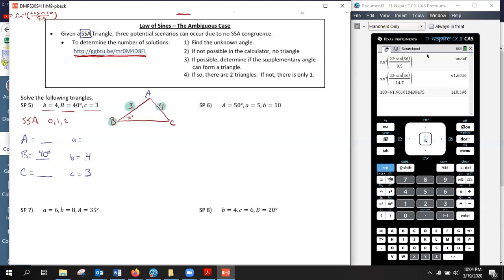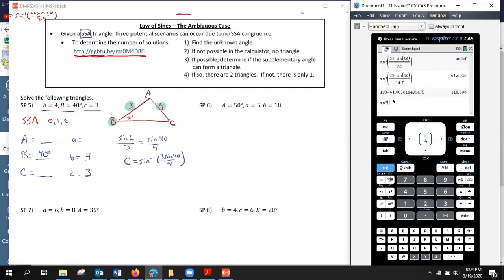To find angle C, we'll use our law of sines. Sine of C over 3 equals sine of 40 over 4. And you end up getting used to the shortcut: C is going to be the inverse sine of 3 sine of 40 over 4. Let's go ahead and put that into the calculator.